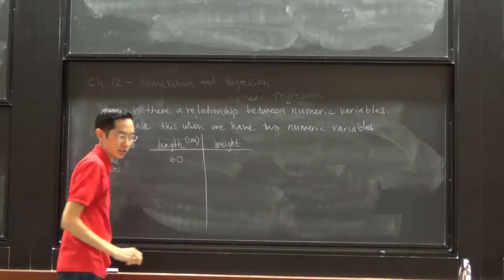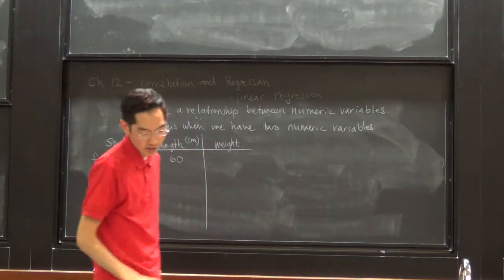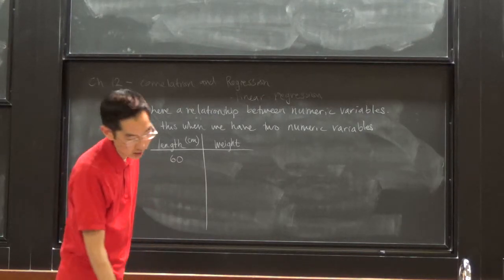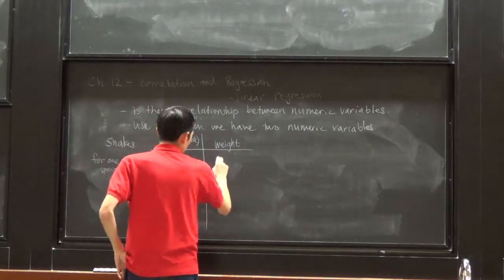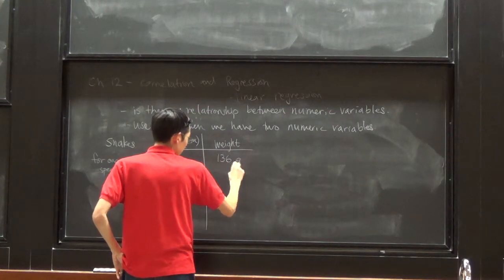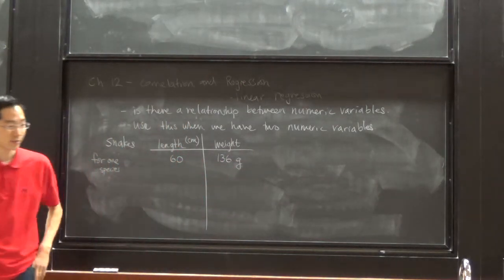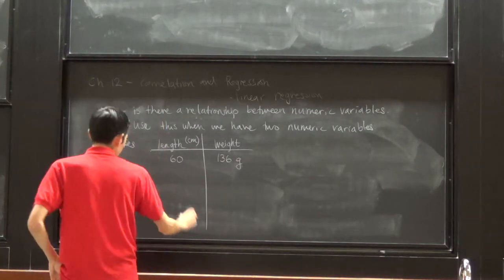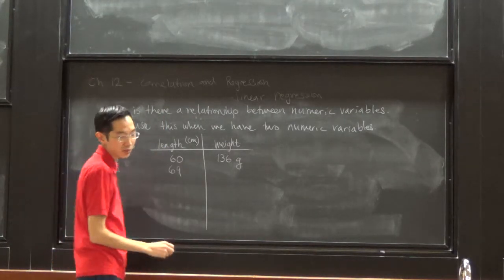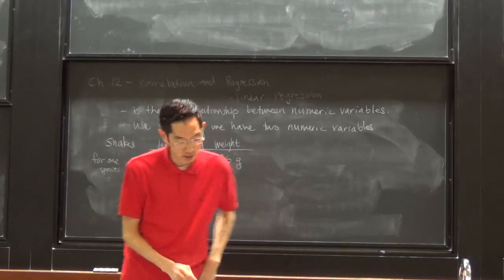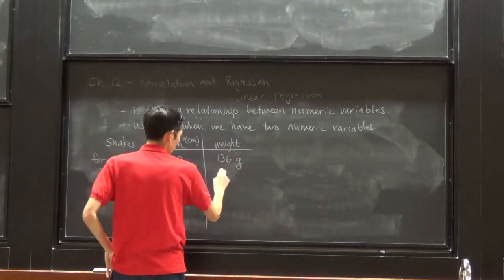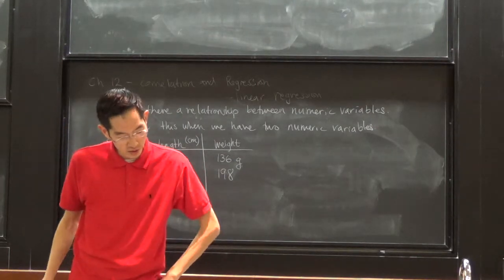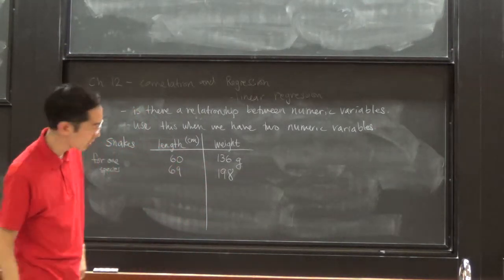So they have here, one snake is 60 centimeters, so about 2 feet long, and it weighs 136 grams. Okay. And then another snake was 69 centimeters long and weighed 198 grams. And another one was 66 centimeters and weighed 194.